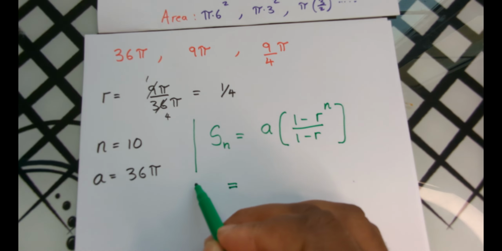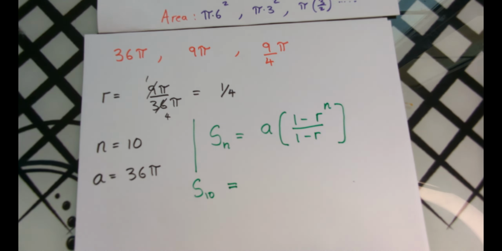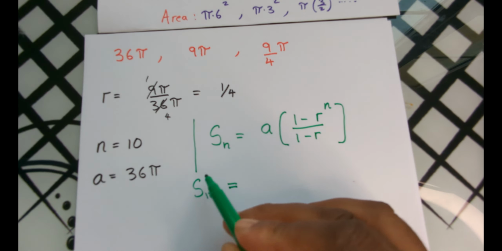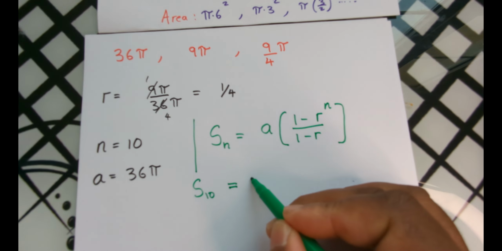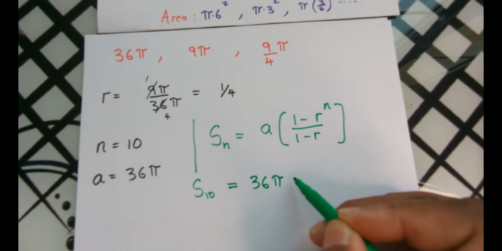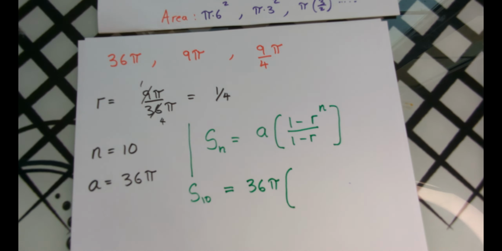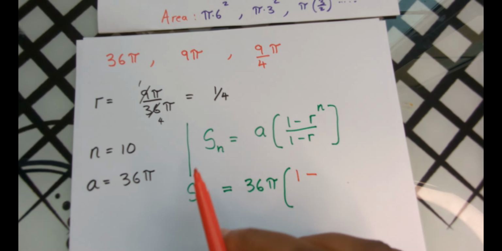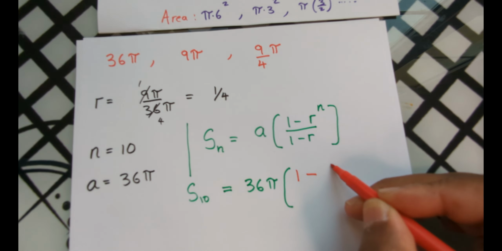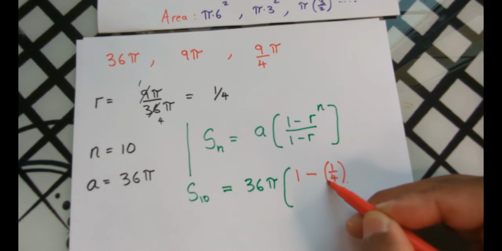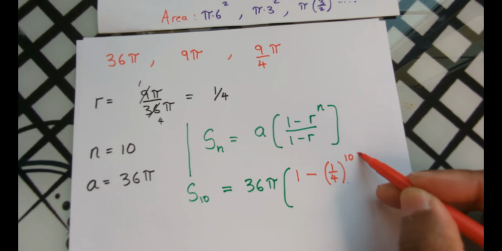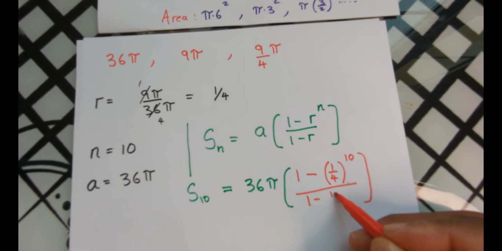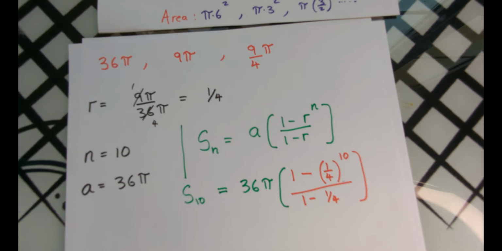So S of 10, which is the sum of the first 10 terms in this geometric series, will be a, which is 36 pi, multiplied into 1 minus r, which is the common ratio, 1/4 to the power n. Our n is 10, divided by 1 minus r, which is 1/4.